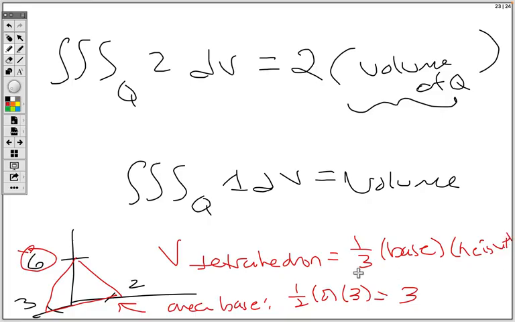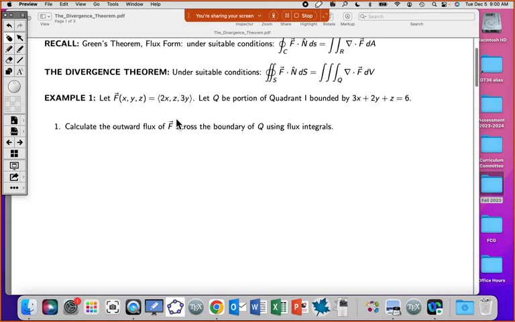So it'd be 1/3 times 3 times 6. So that's going to be 6. So 2 times 6. Voila, it's 12. How neat is that? So it works. Okay, there's the divergence theorem.